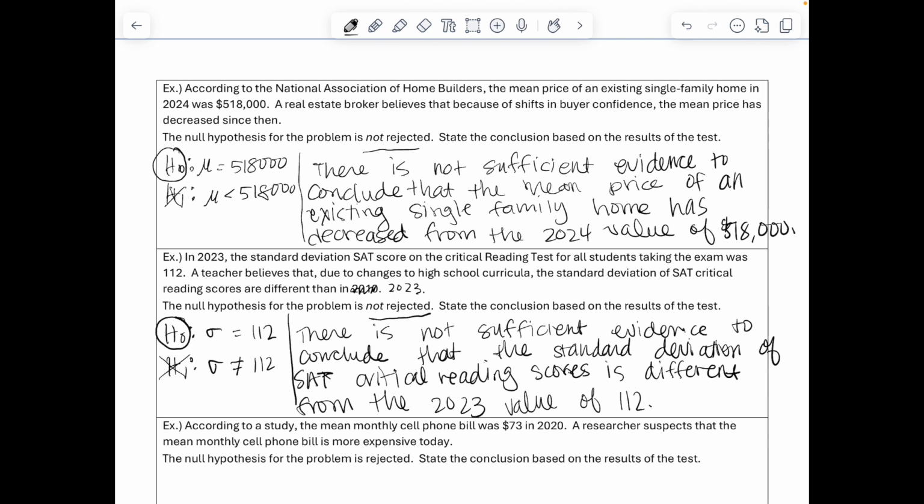And make sure that when you do this, you always discuss H1, and H1 was saying that it was different from that value that we had in 2023.